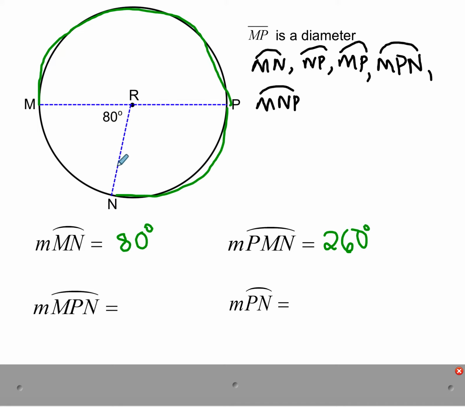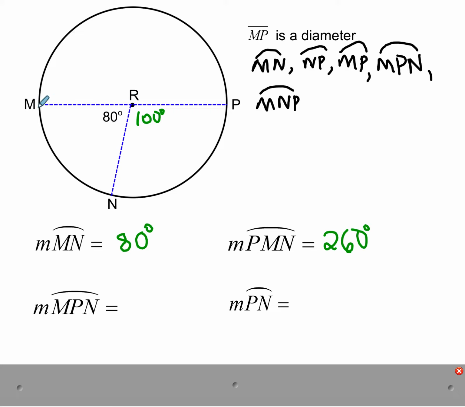In order to do that, we need to know what the measure of this angle is right here so we can find the measure of this arc right here. How can we do that? Well, once again, we're going to use the fact that MP is a diameter to help us. If we know that MP is a diameter, then we know for certain that together this right here is going to be 180. If this is 180, if this is 80, then this is going to be 100, so that the diameter can measure 180.